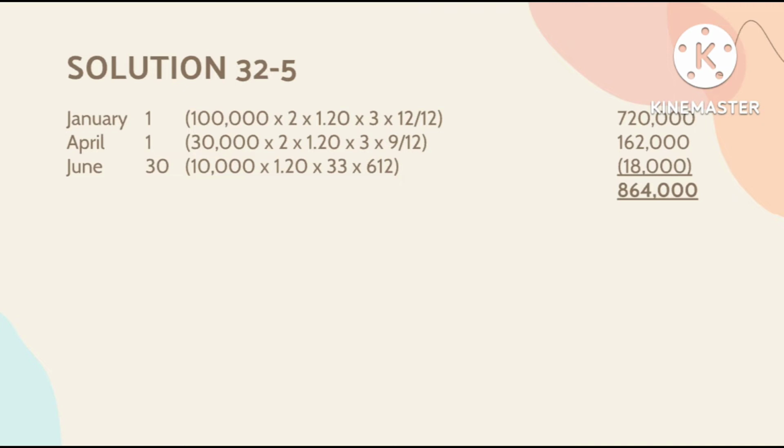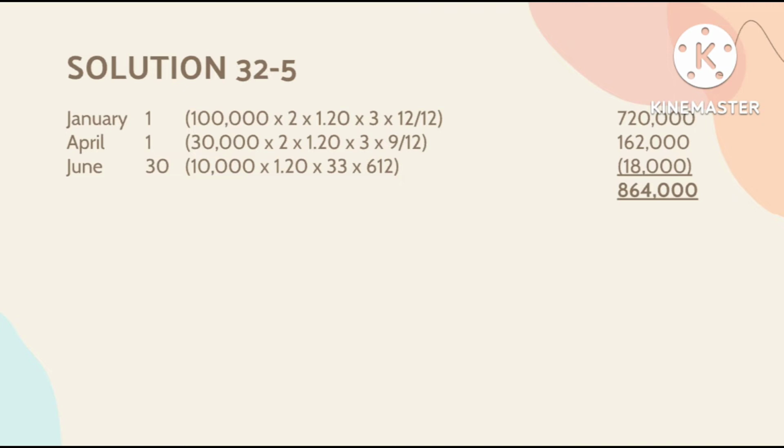Times 3, because on December 31 we had a 3-for-1 share split. Then times the number of months to December, which is 12 over 12. So we get 720.